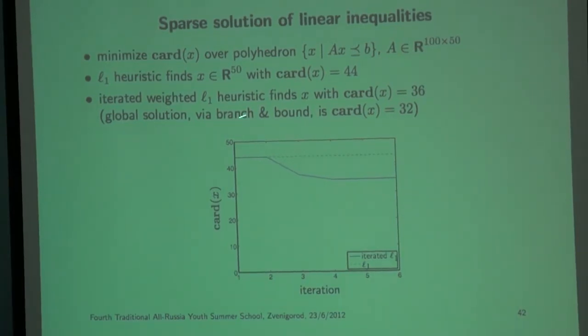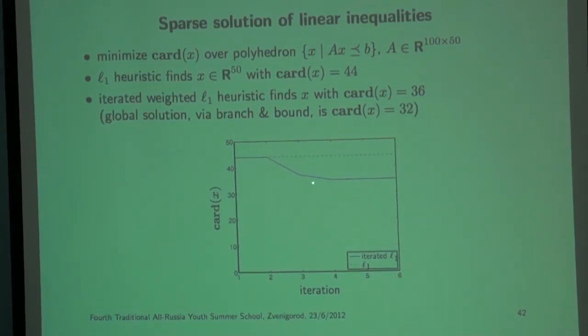This required, if I remember correctly, something like 32,000 linear programming solves. It's boring, but you can guess how long that took. Each LP is in the microsecond region, so we did it fast. Nevertheless, after 32,000 LPs, we were able to prove that the minimum cardinality is 32.